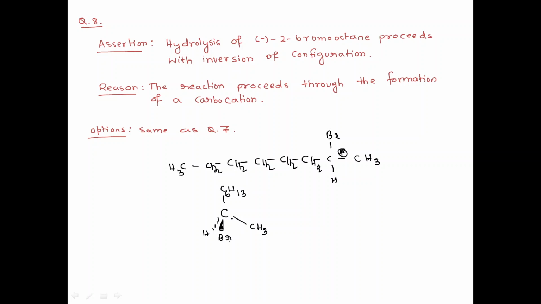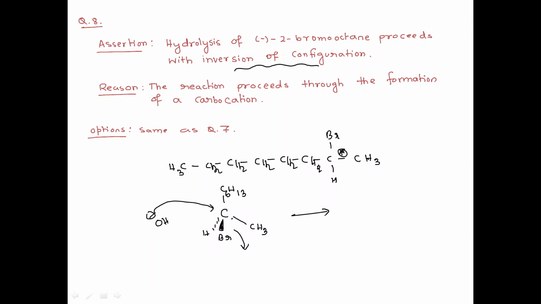I don't know whether it is the (-) or (+) isomer. That is an experimental thing; in theory, I cannot predict that. But let's consider that this goes through inversion of configuration. Inversion of configuration means OH minus attacks and Br minus leaves.